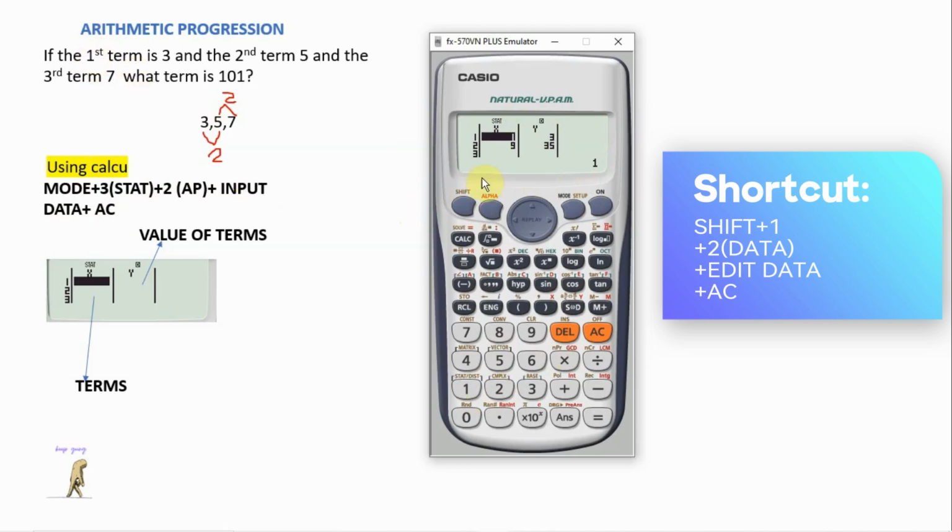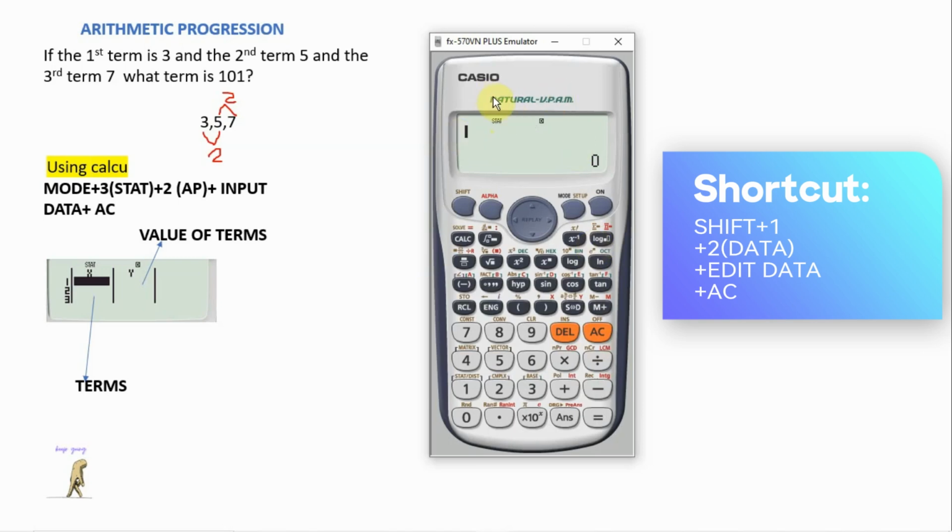We have the first term, and then our second term. The value of our first term, a sub 1, is 3, and the value of our second term, a sub 2, is 5. Then after that, in order for this to be saved, we need to press AC.